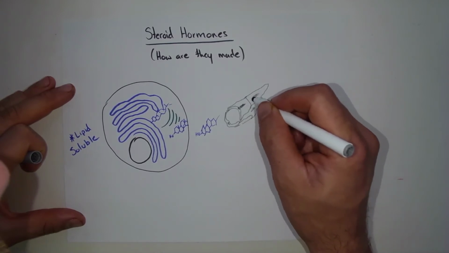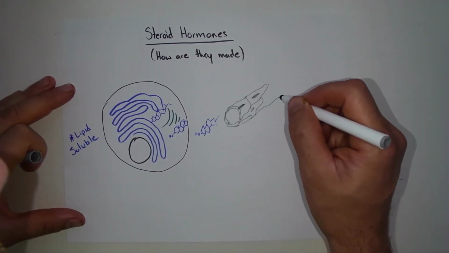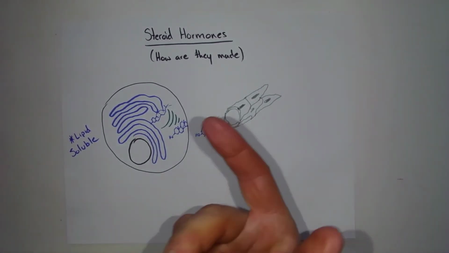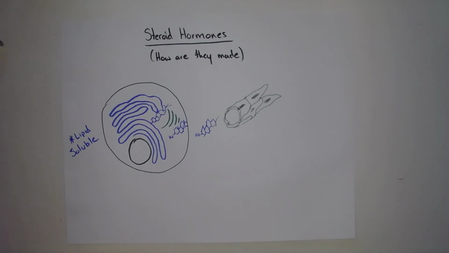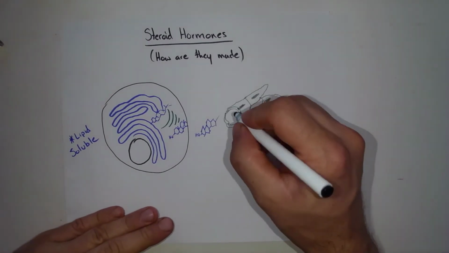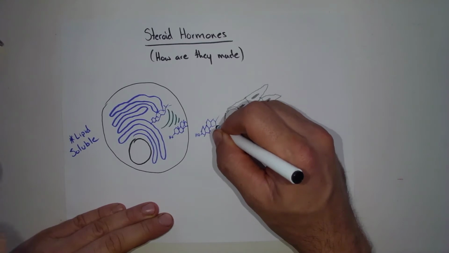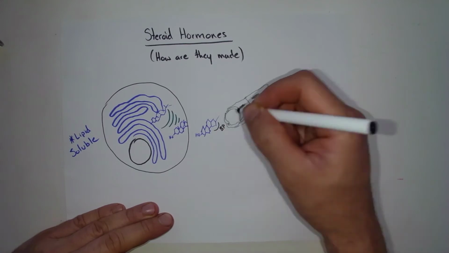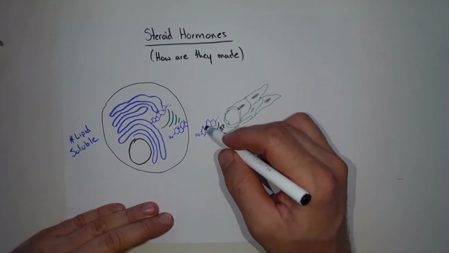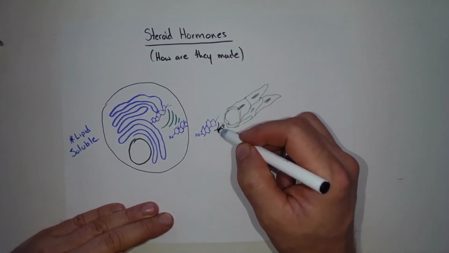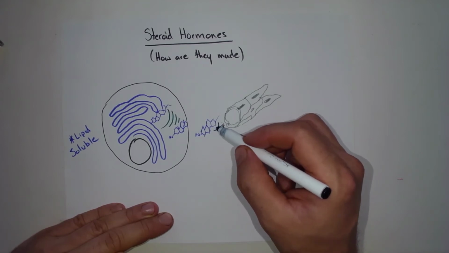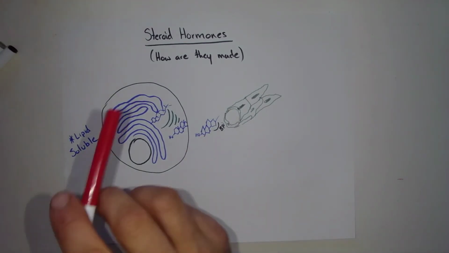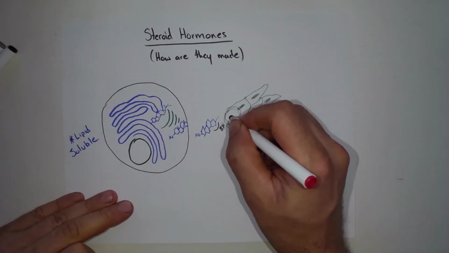In order to get into the bloodstream, it's going to need a protein carrier. And we call those binding proteins. And when a binding protein grabs this inside the blood, it's like a giant sinker that pulls this cholesterol molecule down into the water, making it soluble within the blood.